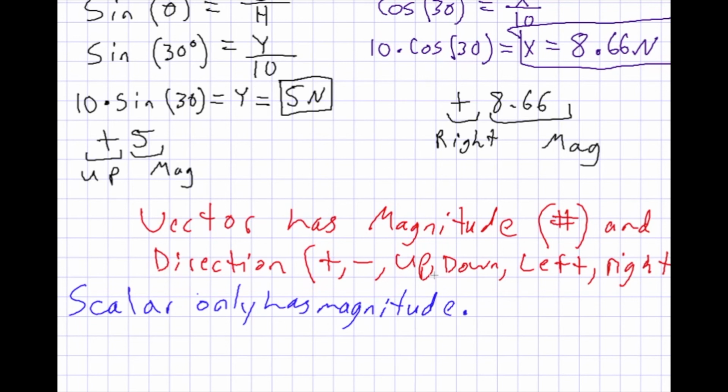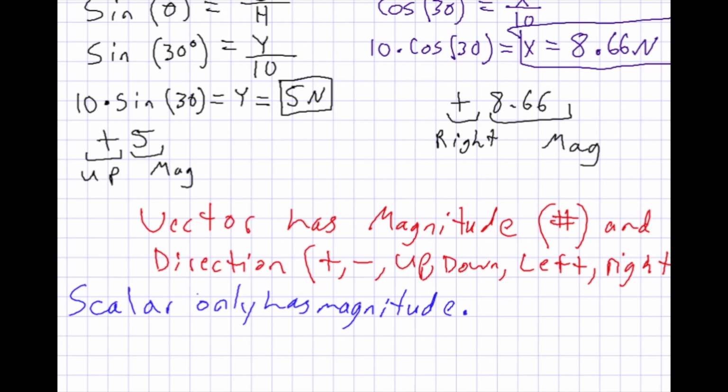Velocity and speed are commonly confused or interchanged with each other because they're very similar, but they're not exactly the same thing. For velocity, we always know a direction. So if we said our velocity is 10 meters per second, that's telling us that we're moving in the positive direction 10 meters per second. But if I said my speed is 10 meters per second, that could mean I'm moving left, right, forward, or backwards.